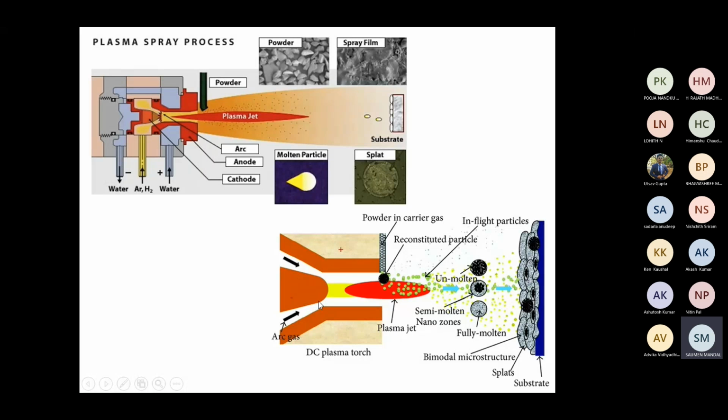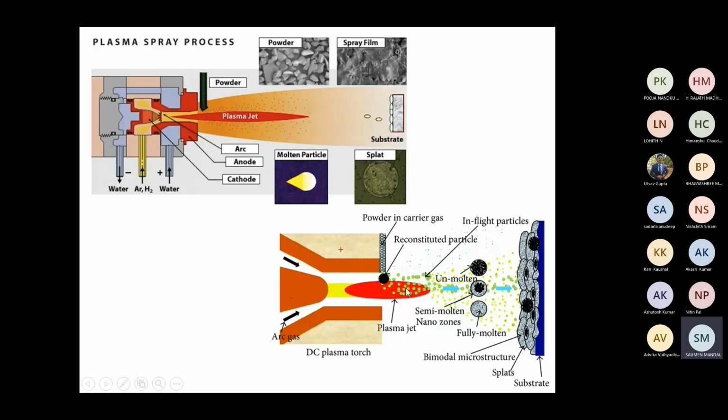You can see here the arc formation, and through that arc the ionization of this gas is happening. Finally, this is the plasma region, the plasma jet, and this is the powder.